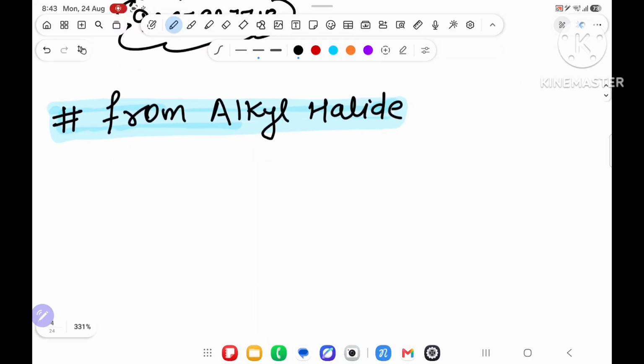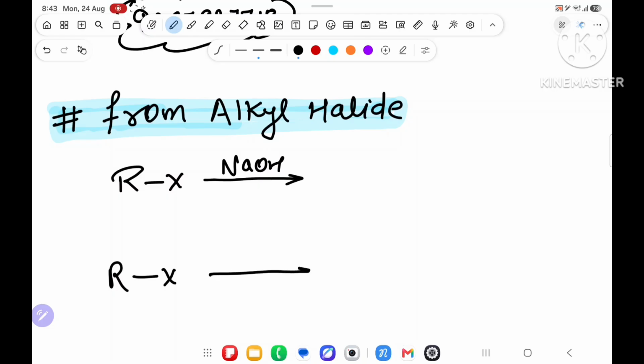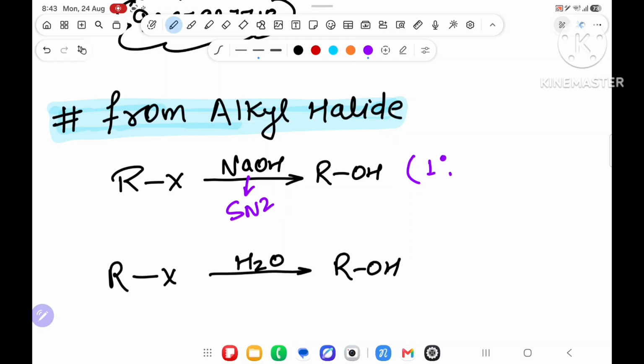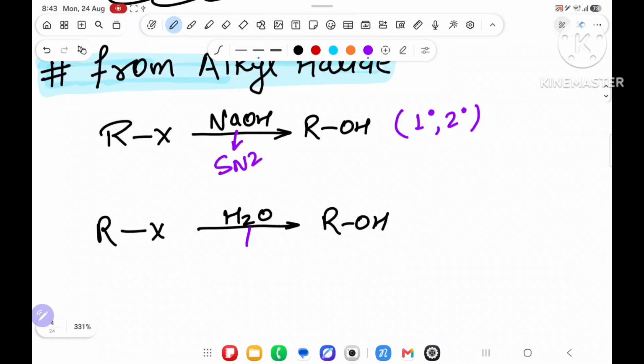So from alkyl halide: suppose we have an alkyl halide, it will react with NaOH, or this alkyl halide will react with H2O. What will it give? It will also give ROH. But you have to remember one thing: it will follow SN2 when R is 1 degree and 2 degree, and it will follow SN1 when R is 2 degree and 3 degree.